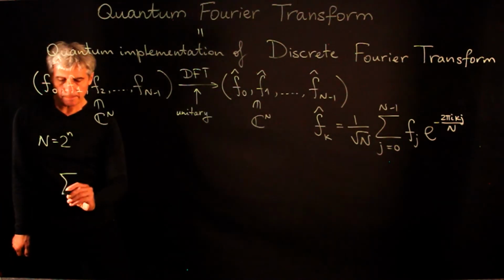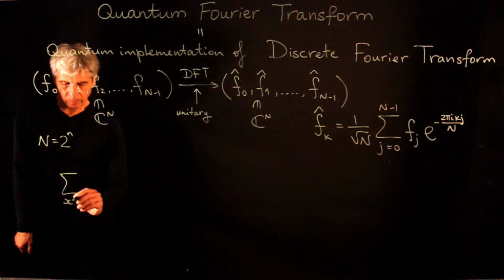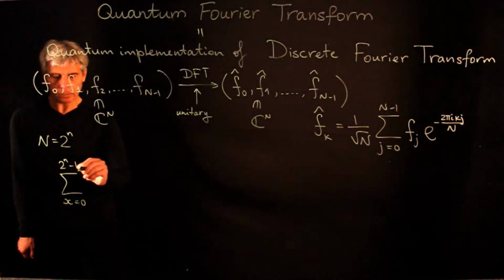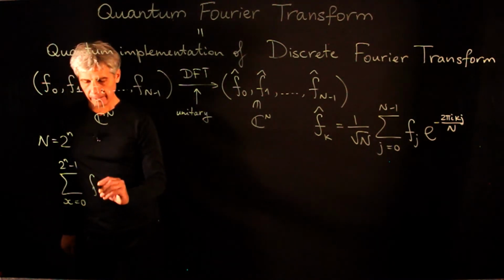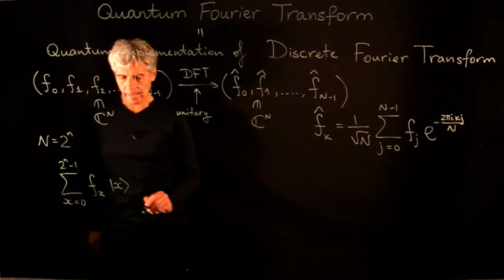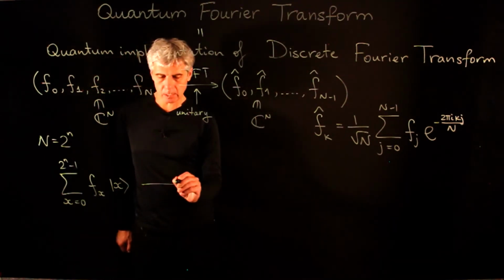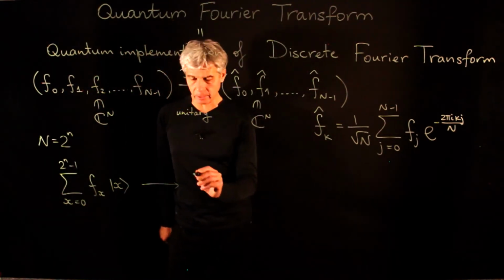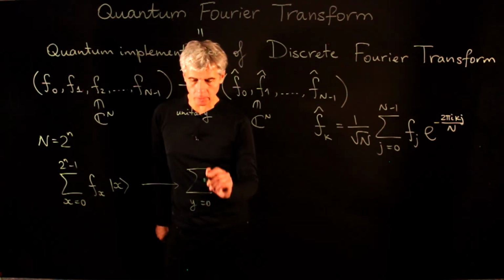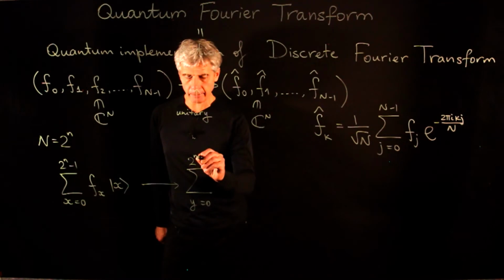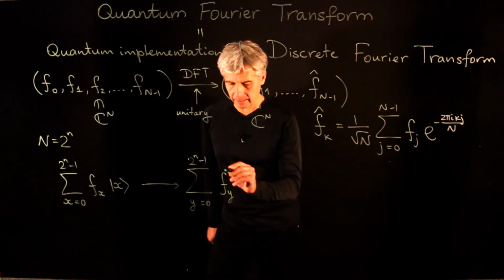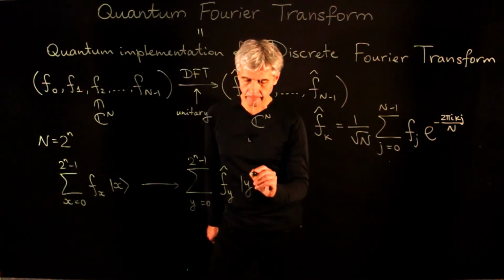Now we take this vector and interpret it as an n qubit state. We have the sum, x goes from 0 to 2 to the n minus 1, fx times |x>. This is being transformed into another vector, the sum, y goes from 0 to 2 to the power n minus 1, fy hat times |y>.